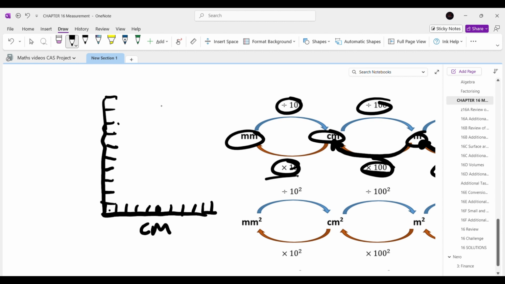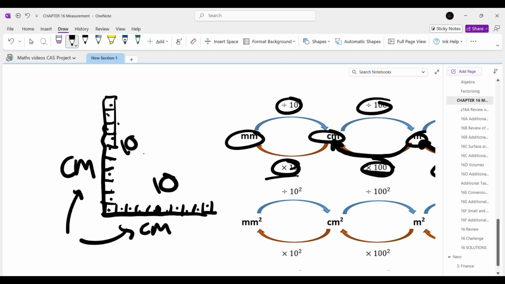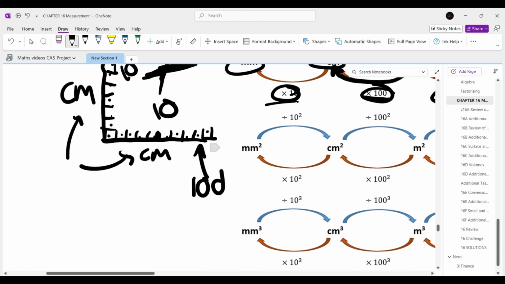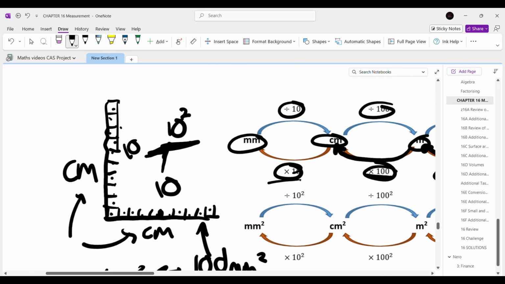Can you see the issue here? 1 square centimeter is actually 10 millimeters multiplied by 10. Because this is a square value, it's just 10 squared. This is what we're dividing by, because there are 100 millimeters squared in 1 centimeter squared. Does this make sense? I hope it makes sense.